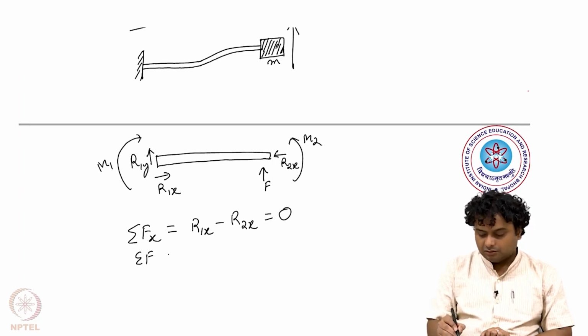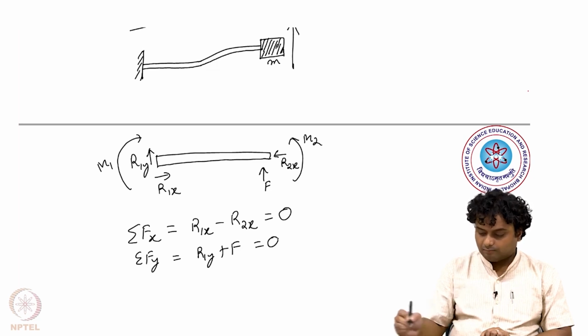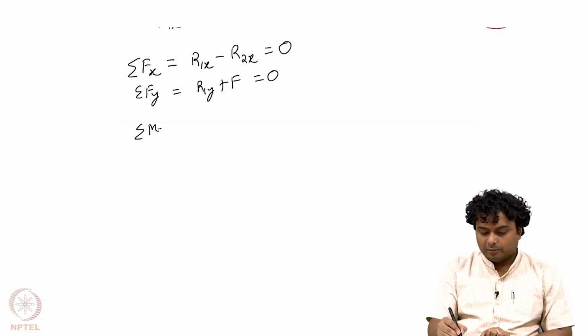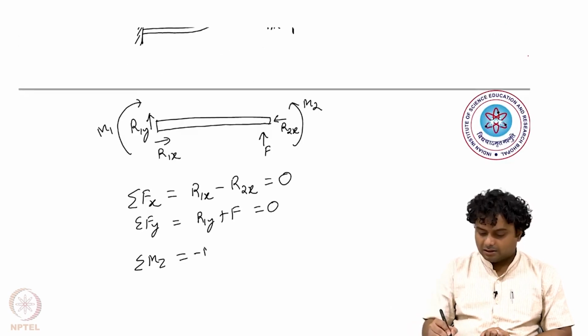Then summation over Fy equals R1y plus F equals 0, and then summation of moments Mz equals minus M1 plus M2 plus FL equals 0.